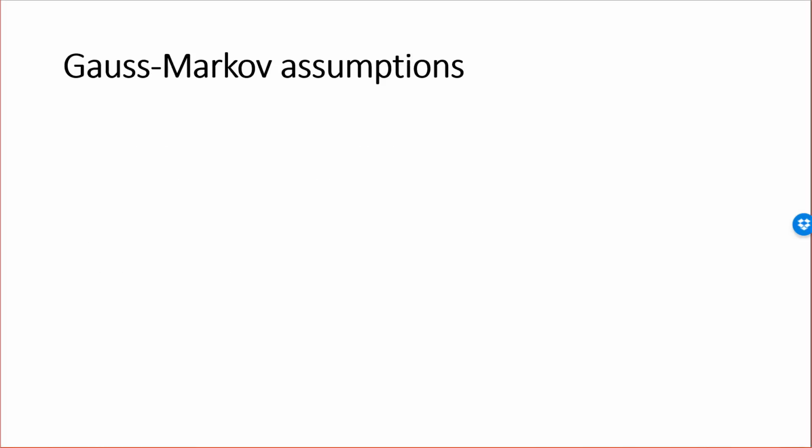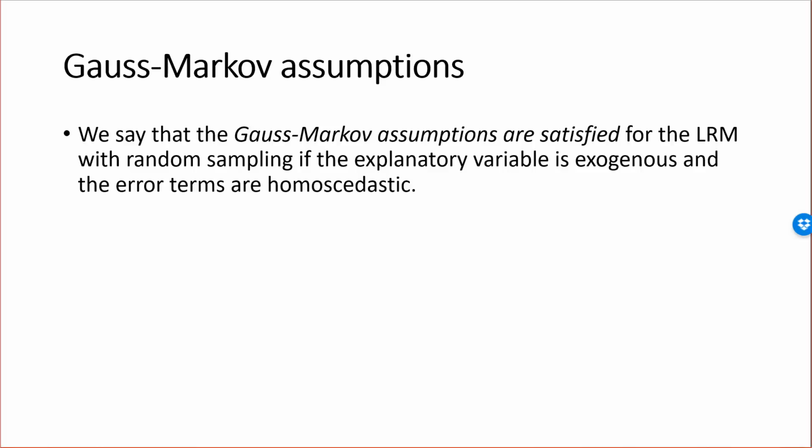We can now discuss the Gauss-Markov assumptions. So the Gauss-Markov assumptions for the linear regression model with random sampling is the collection of these two assumptions that we've been talking about now. First of all, the explanatory variable is exogenous.